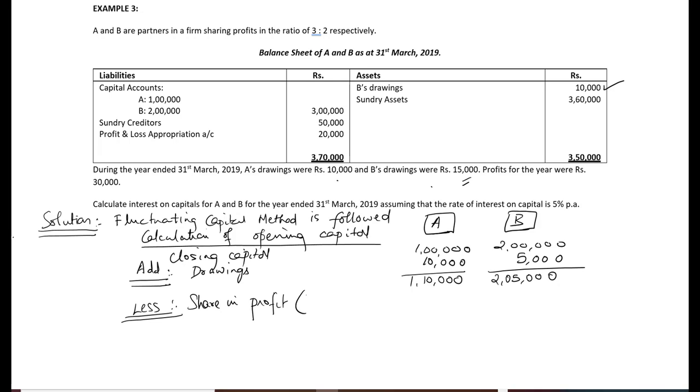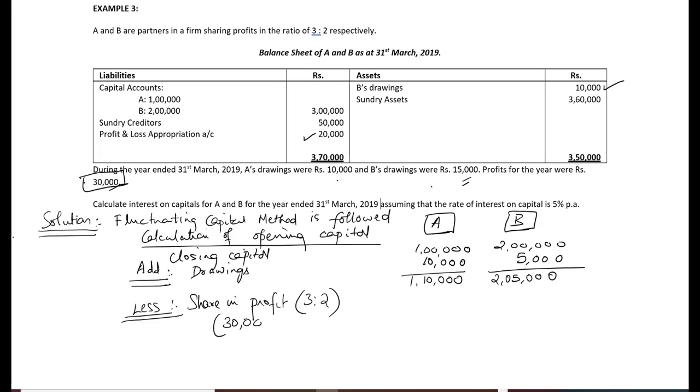The profit sharing ratio is 3:2 between A and B. It's given here that the profits during the year was rupees 30,000. But in the balance sheet, to the extent of rupees 20,000, the amount is still appearing in the liability side, which means the amount which has been credited to the capital accounts for both A and B together is only rupees 10,000.